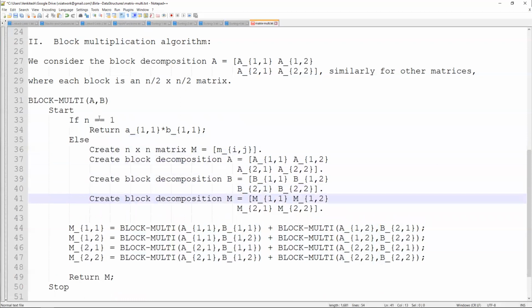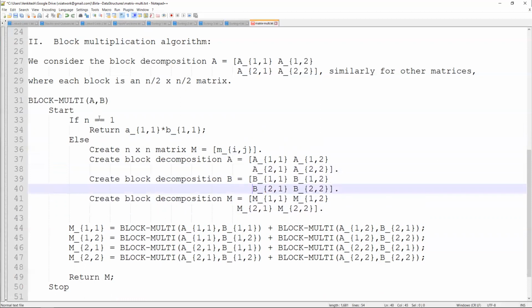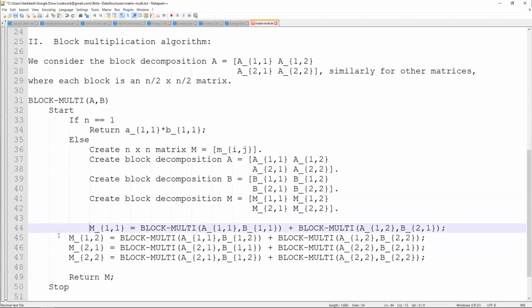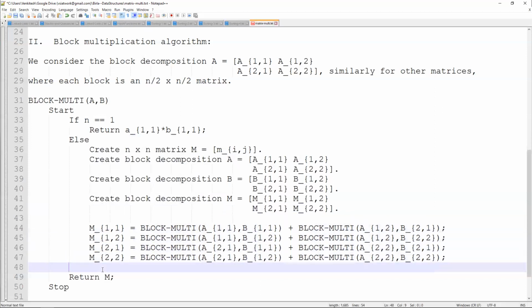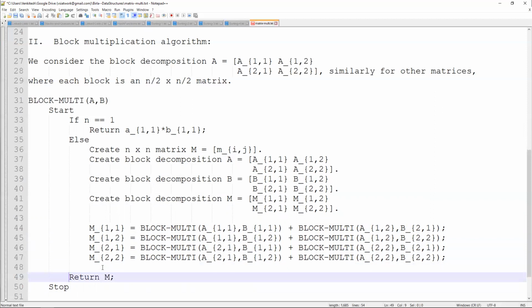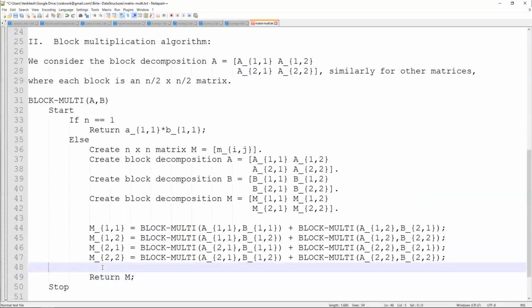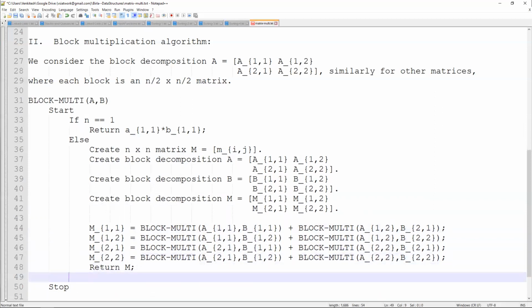So I'll indent them also properly. Okay, and then accordingly there is an end if.